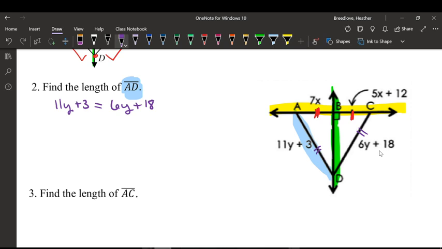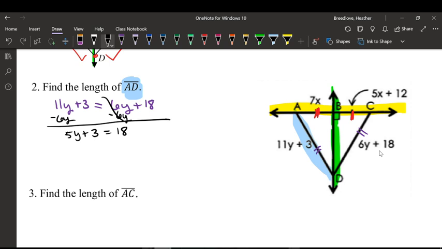And now that we have an equation, we can solve it. To solve it, we want the y's to one side and the non-y's to the other. So we're going to start with subtracting the 6y to get it on the left. So 5y plus 3 equals 18.